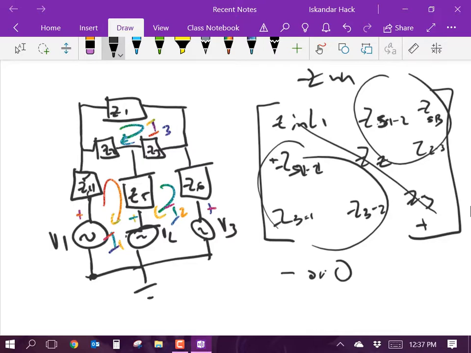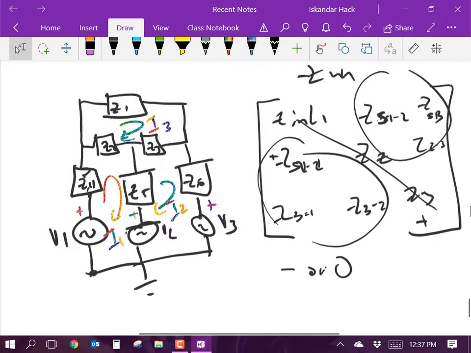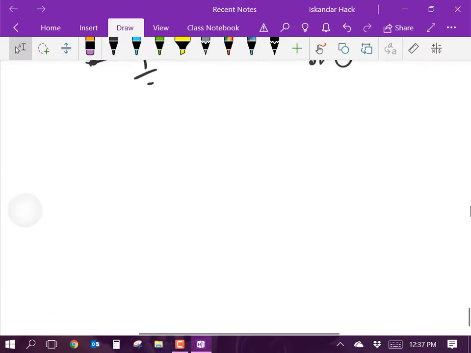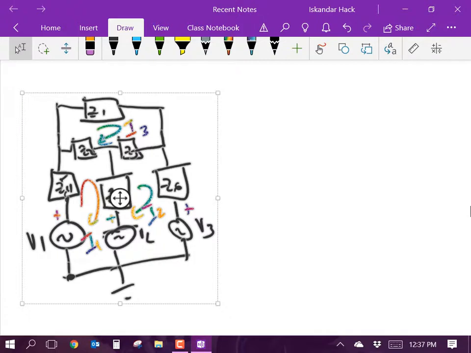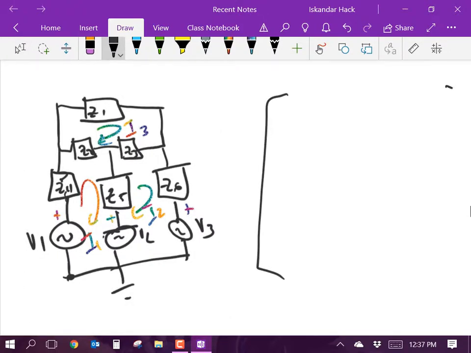So when I look at this circuit, I'm going to redraw it right here. In loop 1, I've got 3 impedances: Z4, Z2, and Z5. So I can just write Z4 plus Z2 plus Z5.